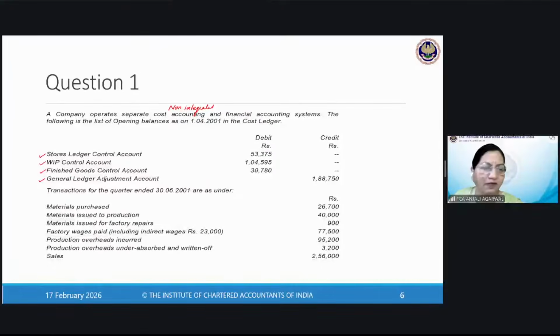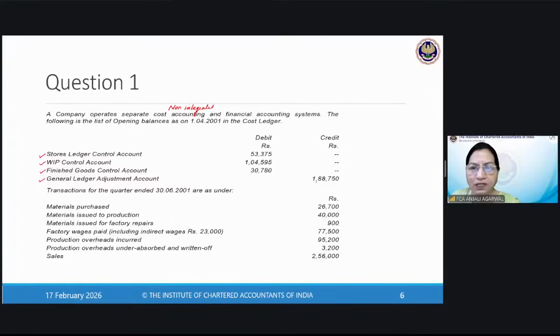Now you see that the opening balance does not have any overhead adjustment account or overhead control account. Otherwise, you could also have an overhead control account, which can have a debit or a credit balance. Debit balance would mean that there was under recovery in the past. Credit balance would mean that there was over recovery in the past.